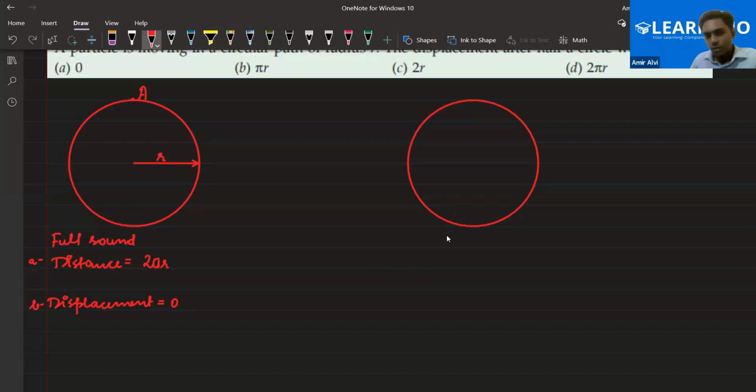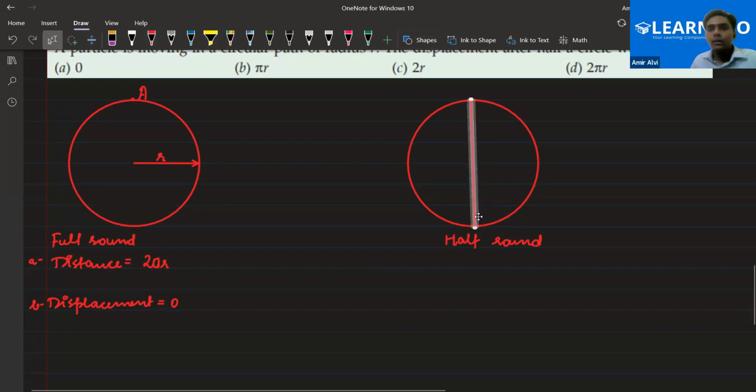Now it's the half circle, half round. Two possibilities are there. So what will be the distance if I cover half of the circle?